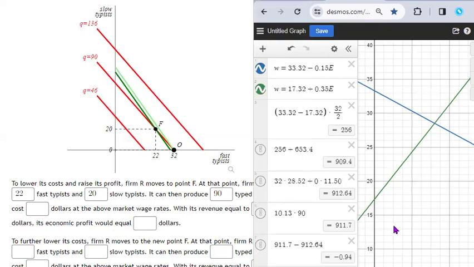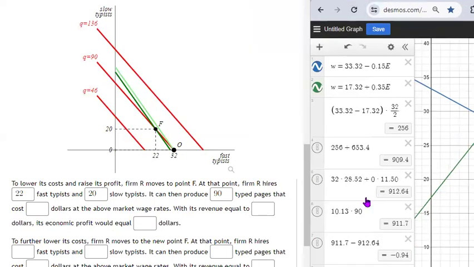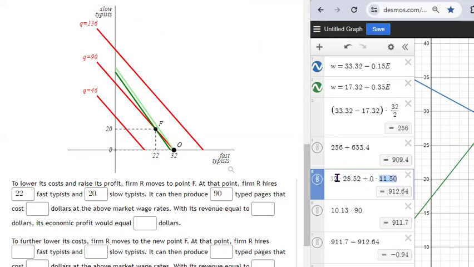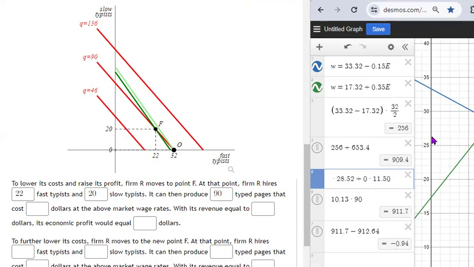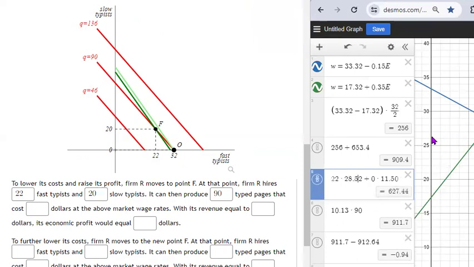Now, what's that going to cost? Let's go back here to our cost calculation. This is the wage of fast typist. This is the wage of slow typist. I had to change the 32 to 22 fast typists, right? And I got to change the 0 to 20 slow typists.